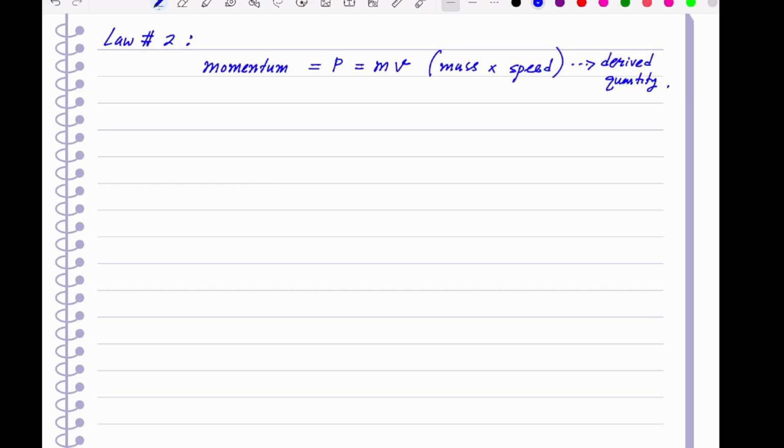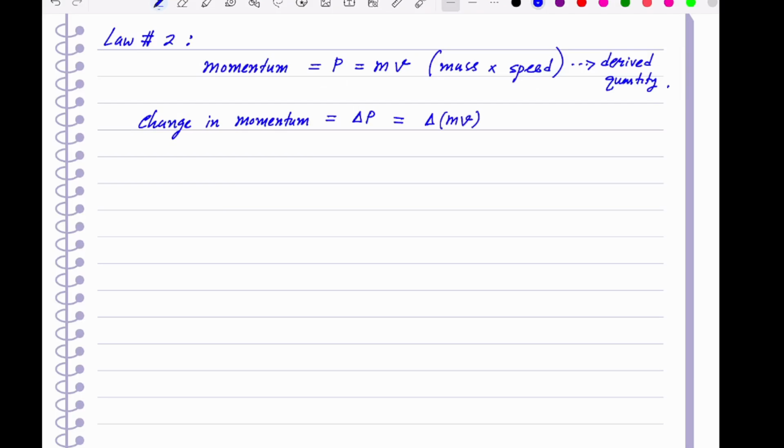Now, let's think about change in momentum. What is change in momentum? Change in momentum is delta P. Change is defined by delta in math. So this can be written as delta mv.